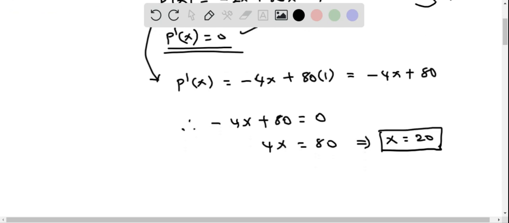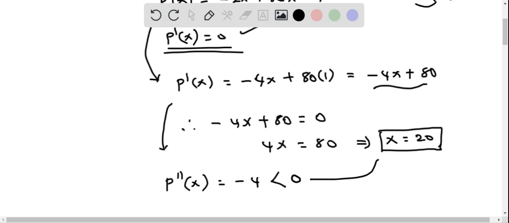We can verify that at this value of x, this is a maximum. For that, we have to find the second derivative of P of x, which is P double prime of x. So we find the derivative of the expression negative 4x plus 80, which is negative 4. And this, negative 4, is always less than 0, whether we replace x or not.